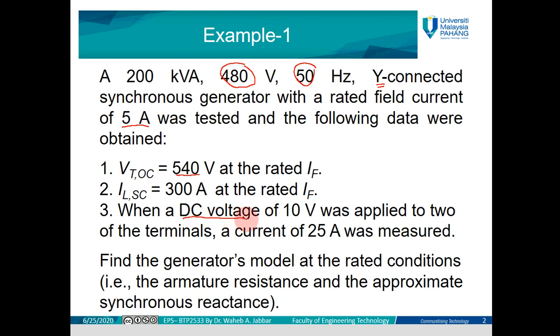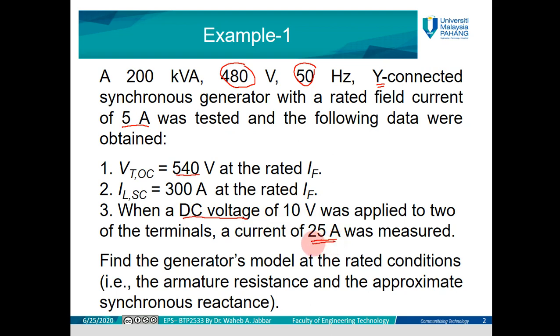The DC test is used to calculate the value of the stator winding resistance, which in a synchronous machine we call the armature winding. The 10 volt was applied on two terminals. The generator actually has three terminals because it's three phase, but this voltage was applied on two terminals, and the obtained current was 25 amperes.